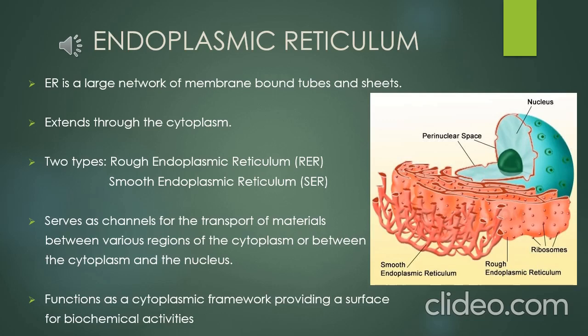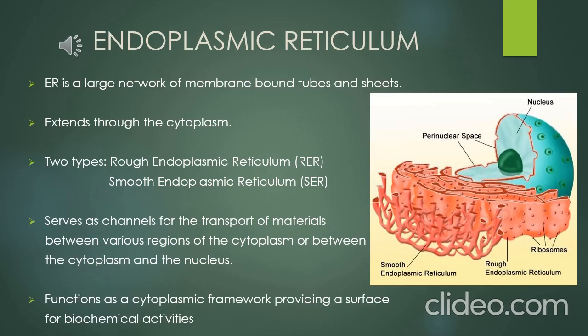The ribosomes, which are present on the surface of the endoplasmic reticulum, are the sites of protein manufacture. The manufactured proteins are then sent to various places in the cell depending on the need.